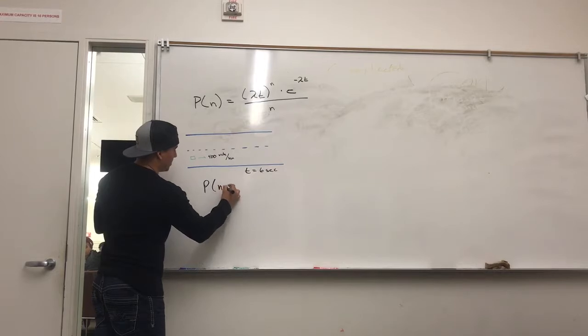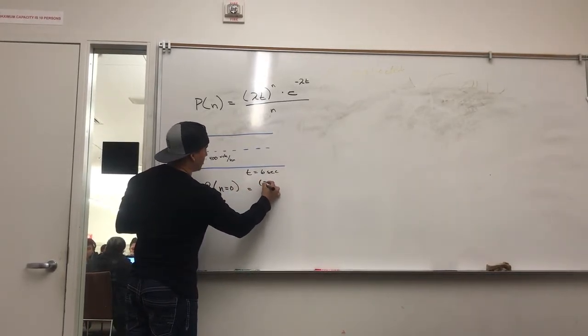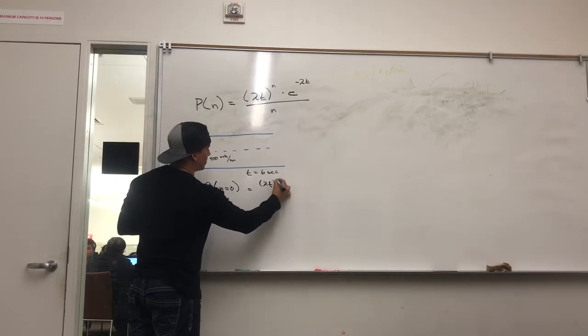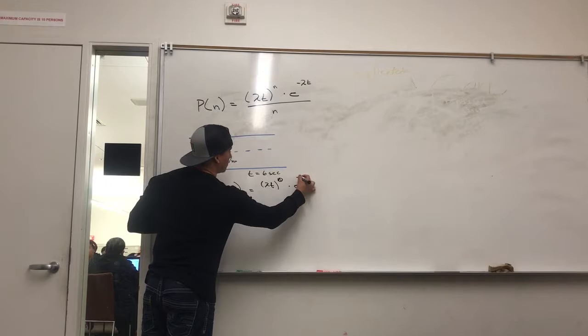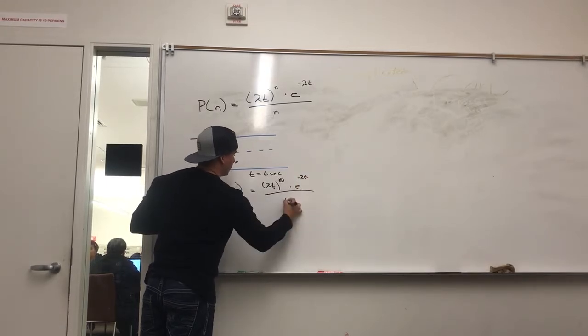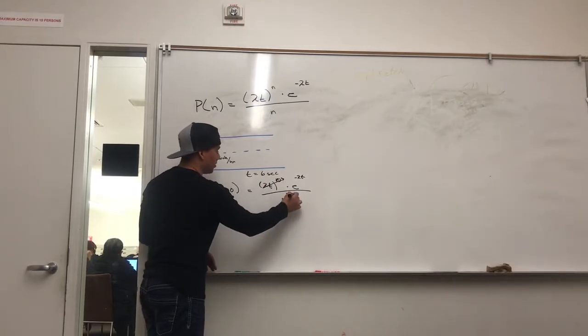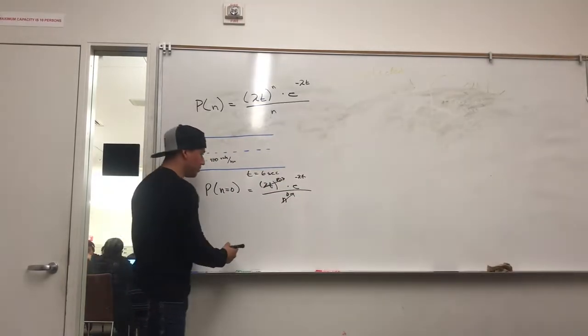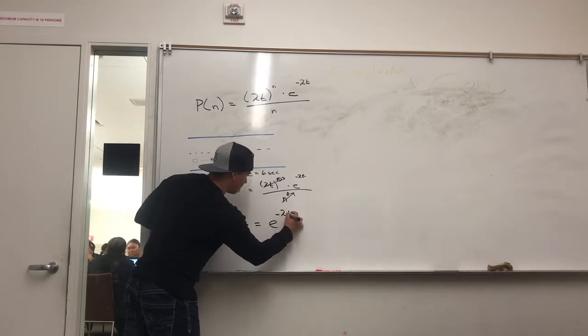P of n equals 0 will be (lambda t) to the 0 times e to the negative lambda t over 0 factorial. So we know these cancel out, and we're left with a much simpler formula, which is just e to the negative lambda multiplied by t.